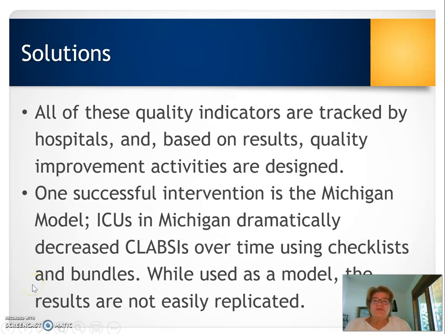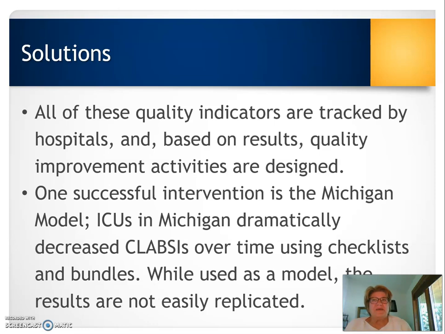So for solutions, all quality indicators are tracked by hospitals, and based on results, quality improvement activities are designed. There's one really successful intervention model. It's called the Michigan model, and hospitals in Michigan collaborated on CLABSIs using checklists and bundles. Dramatic results, and all over the country, other hospitals and systems have tried to replicate their success, and nobody's really come close.